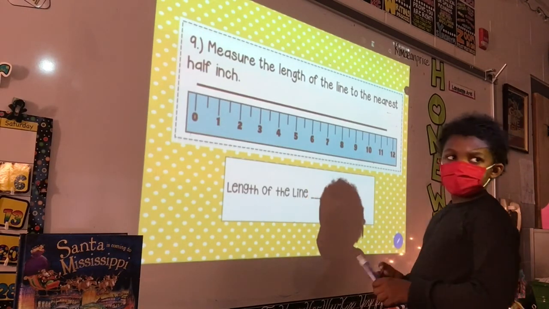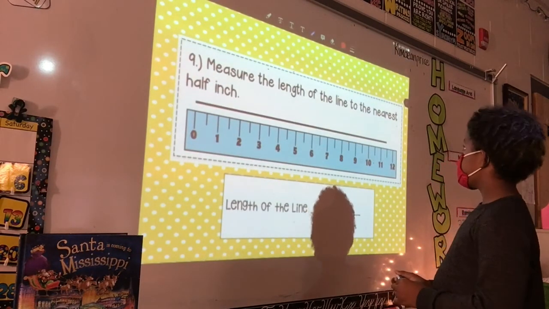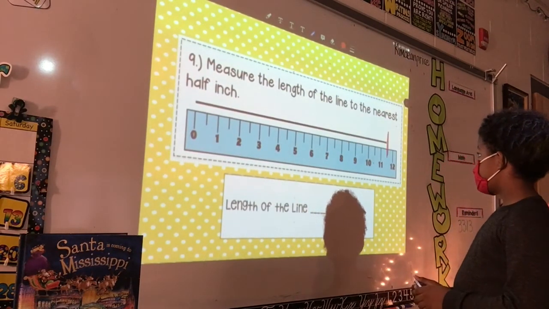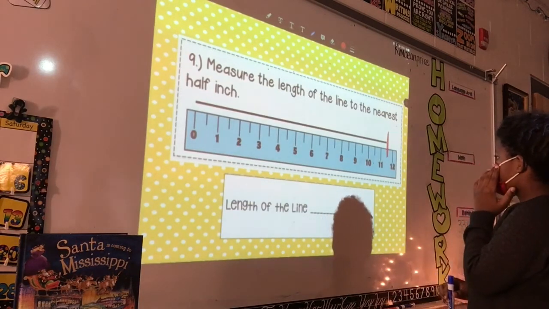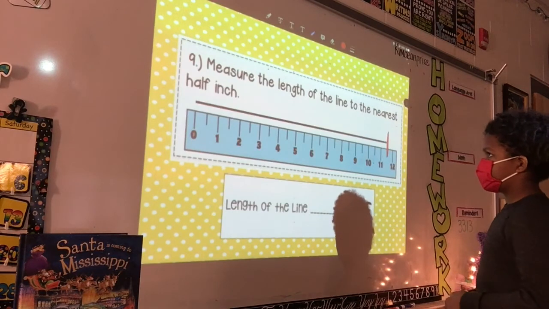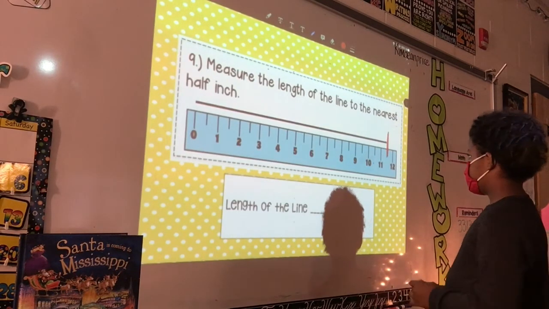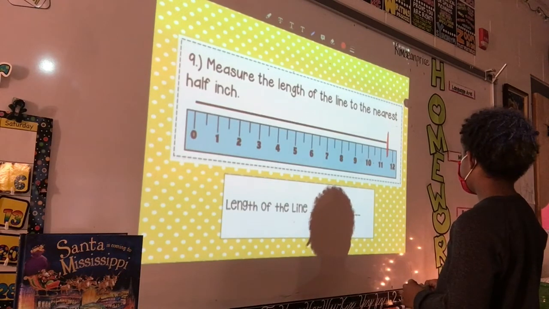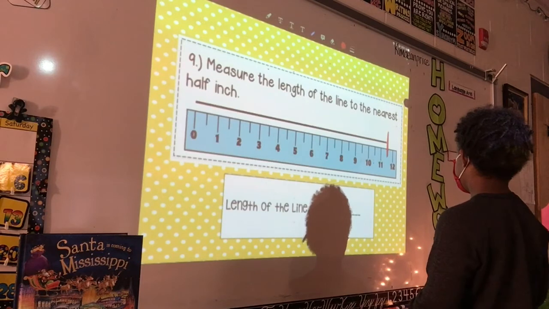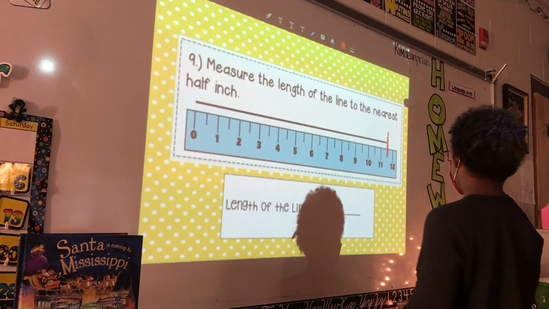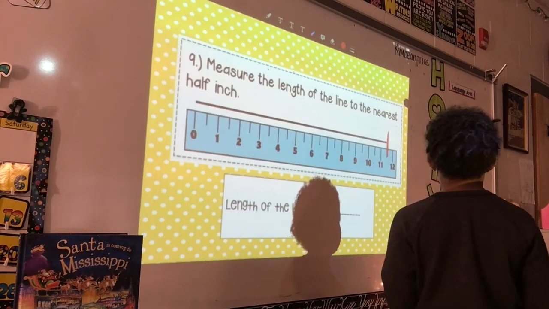So it stops here, Christian. And we already said it's cut into half, so what would that first line be? What would I put on that first line? If it's cut into half, what do you put on the first line? All right, good. 11 and a half.